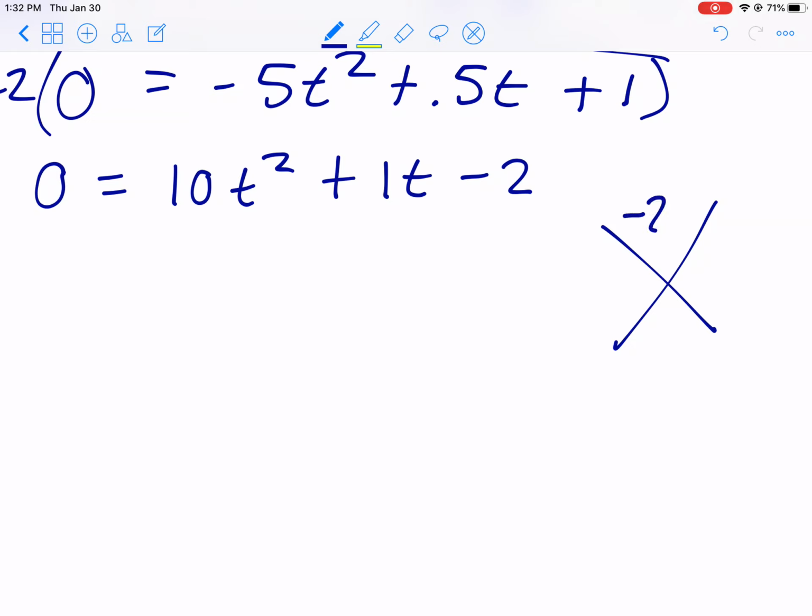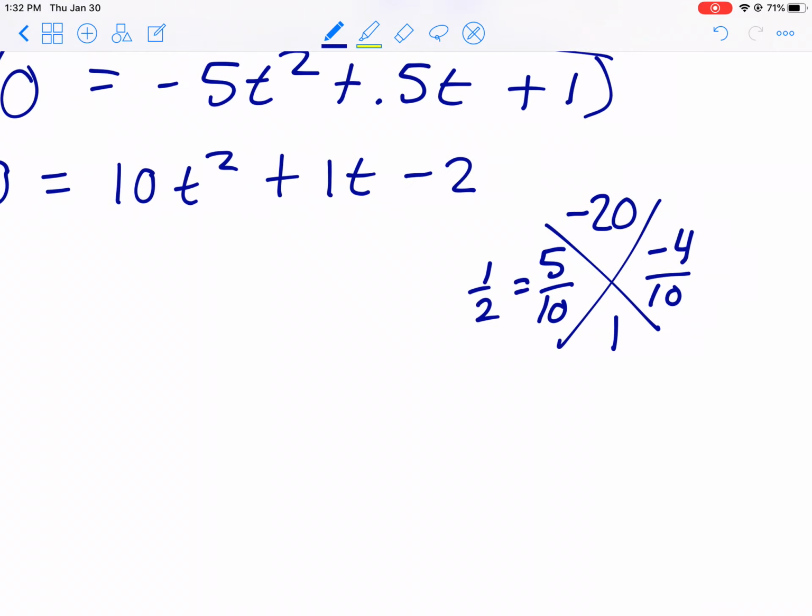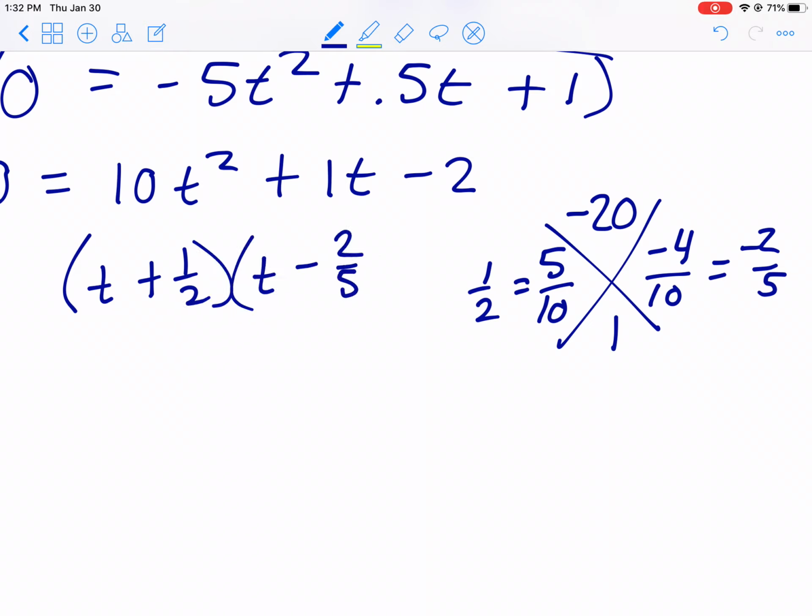So a times c is negative 20. b is 1. I think we can use 5 and negative 4 divided by a. That would be 1/2 and negative 2/5. So those factors could look like t plus 1/2 and t minus 2/5.